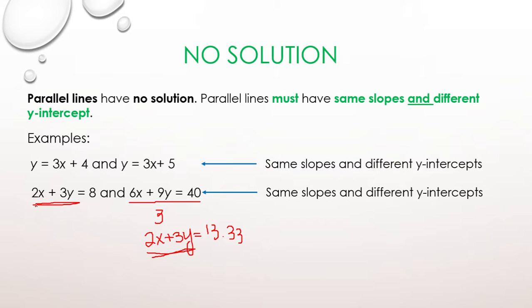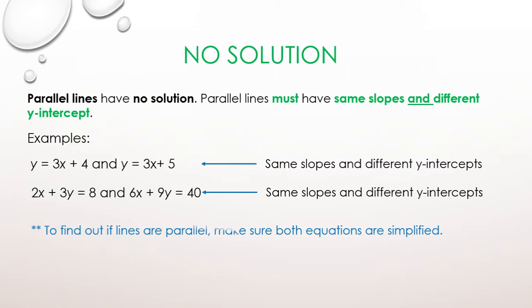If the coefficients are the same in standard form for the x and the y, that means they will have the same slope. But if they're different, like if this had said 4 and that had said 2, then they would be intersecting lines. Alright, so again, to find if lines are parallel, make sure both equations are simplified.